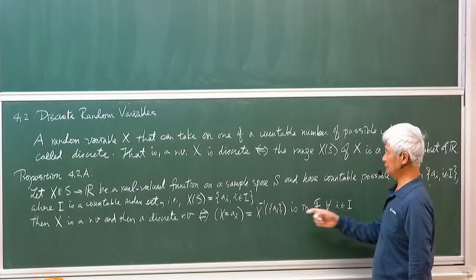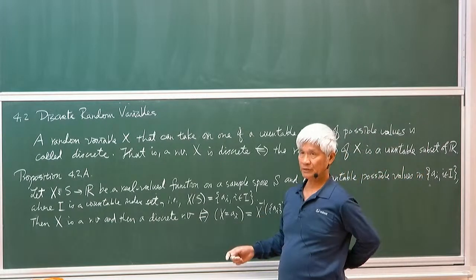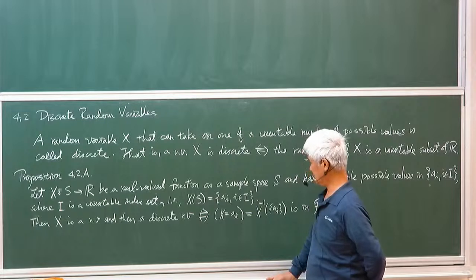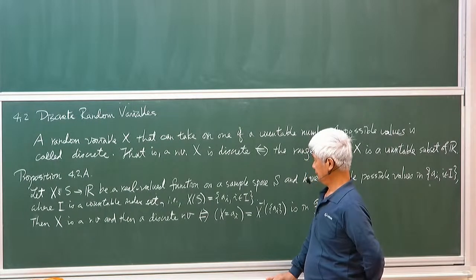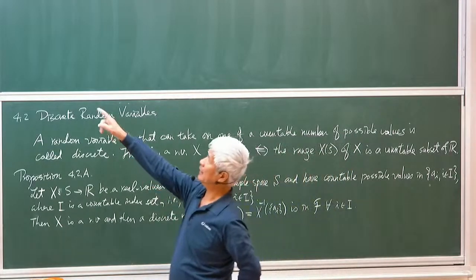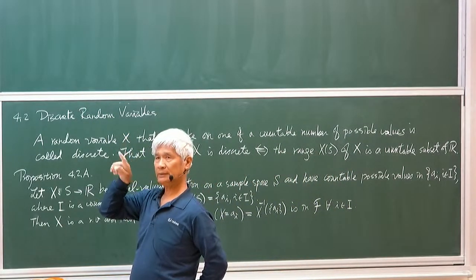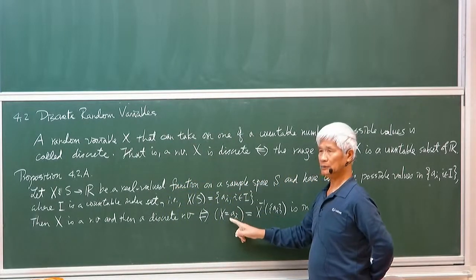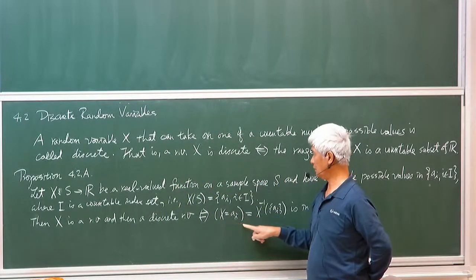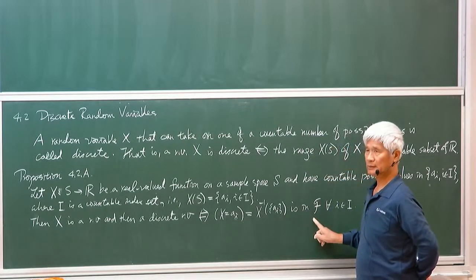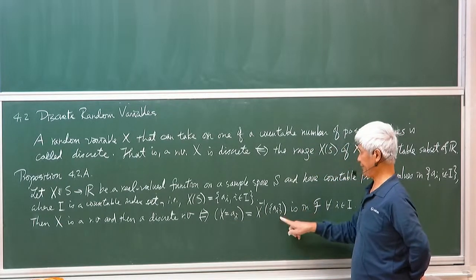So the checking becomes much easier here. You don't need to check any interval. You just check each possible value, and ask that it is a member of the sigma algebra F.